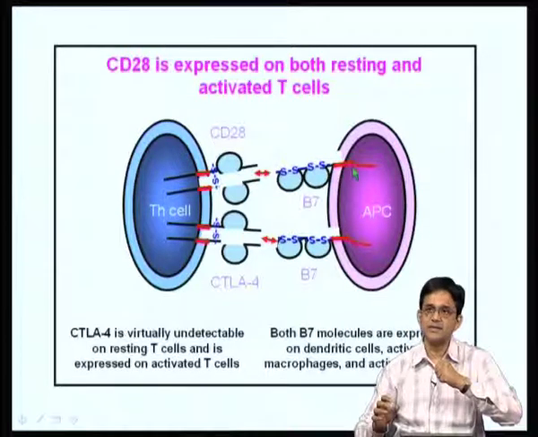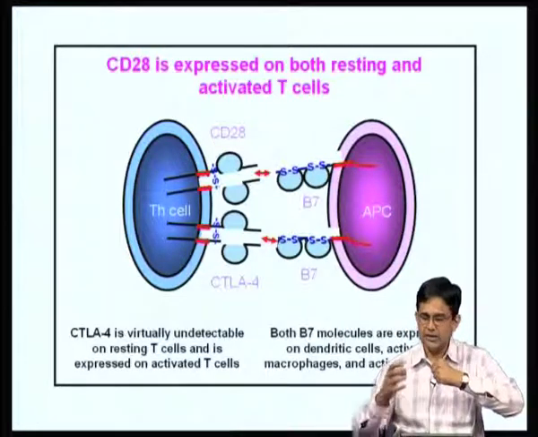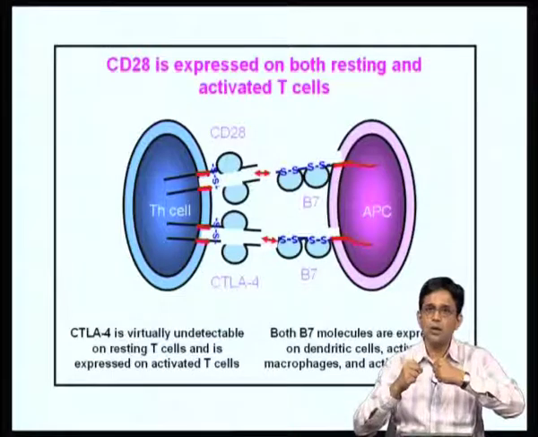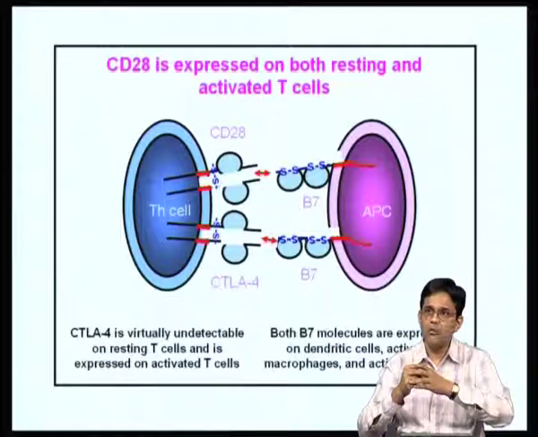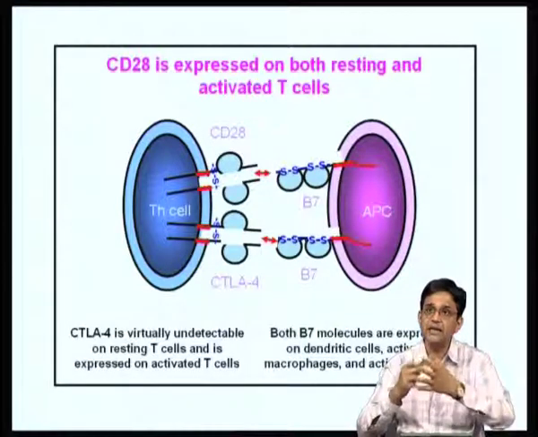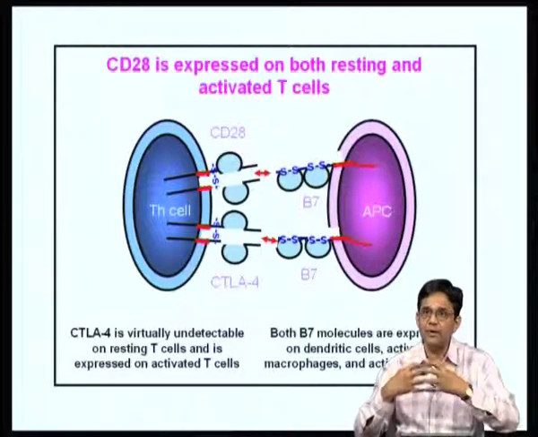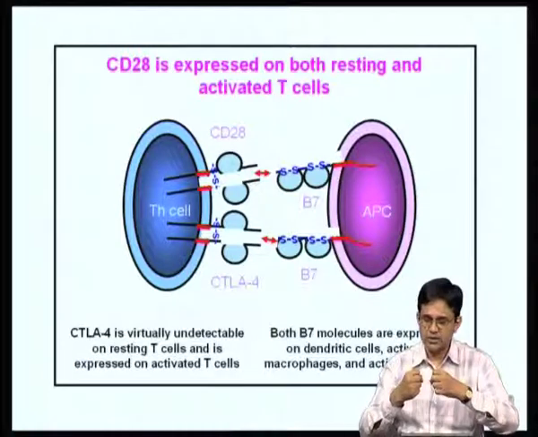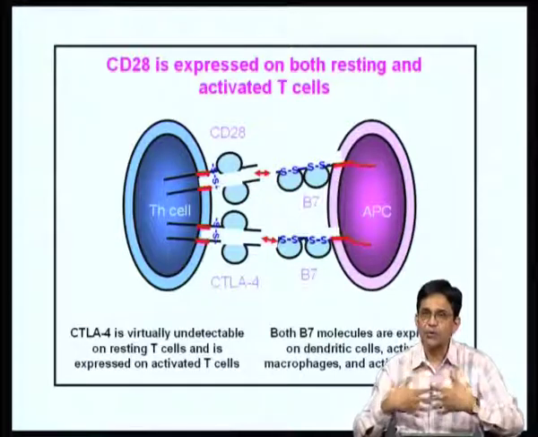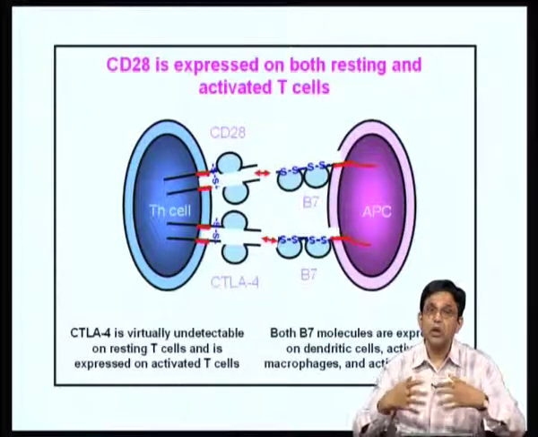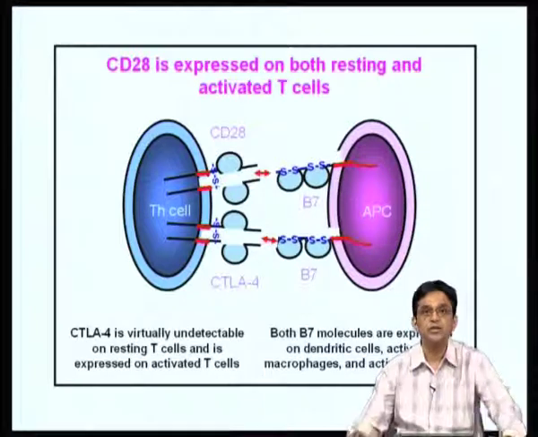So you have the T cell receptor and CD28 which binds to the ligands on APCs. Remember, the amounts of CD80 and CD86 increase upon inflammatory conditions, and that is when the chances of co-stimulation are highest, and that would allow T cell activation to occur under proper physiological conditions.